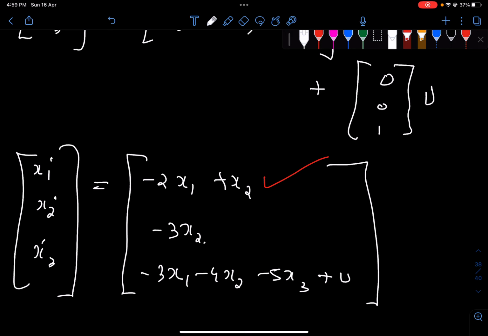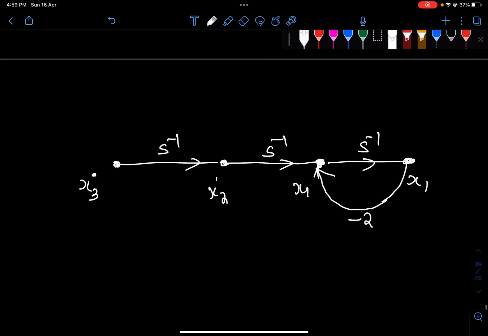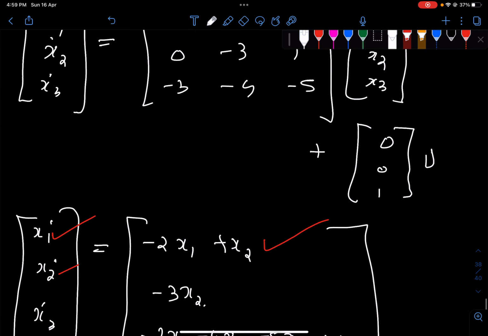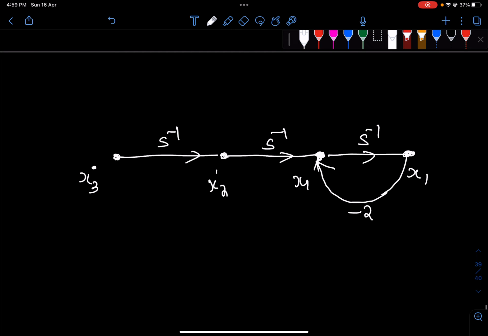The next part is x2 dot. I have to work with x2 dot. So x2 dot, that is minus 3 times x2. So from this point I have x2. Upon integration we'll get just x2, right?